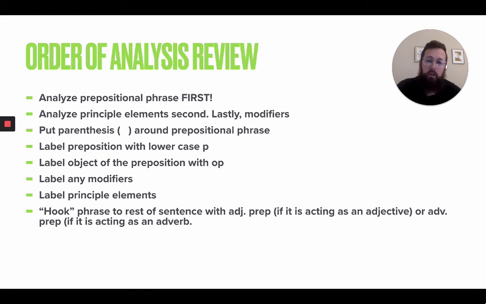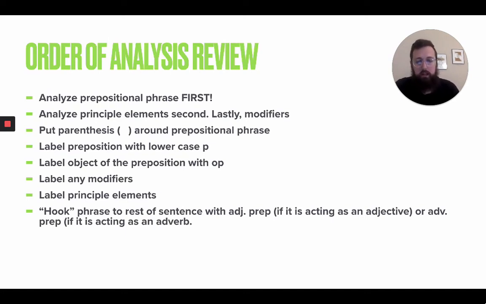Then when analyzing the rest of the sentence, we treat the prepositional phrase as a describer, so an adjective or an adverb, and we need to hook it to the rest of the sentence, labeling either as an adjective with ADJ prep or adverb with ADV prep underneath.